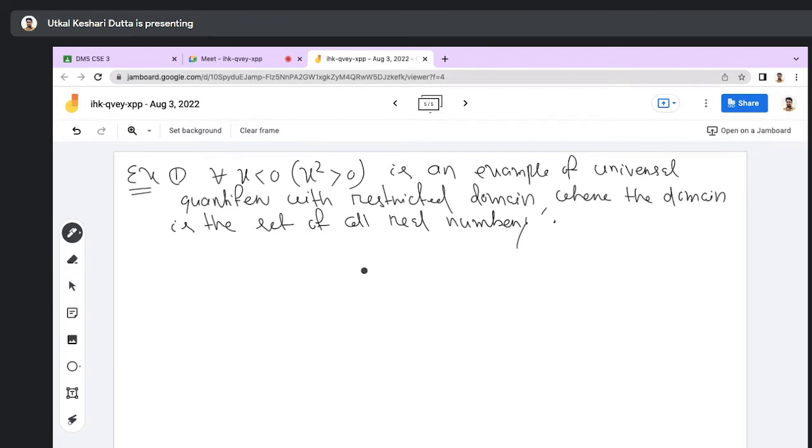That means, see, the domain is the set of all real numbers. But this is given that for x in all real numbers, x less than 0, such that x square greater than 0. That is given.